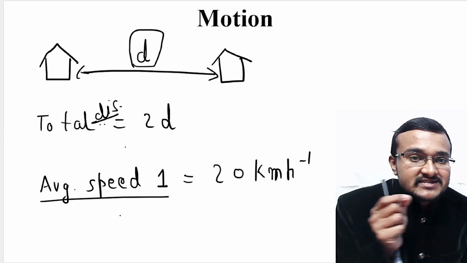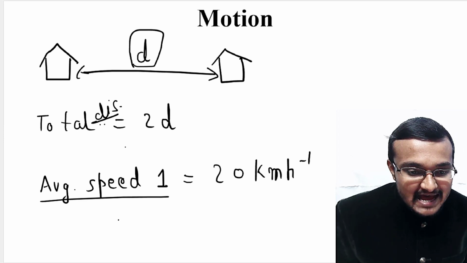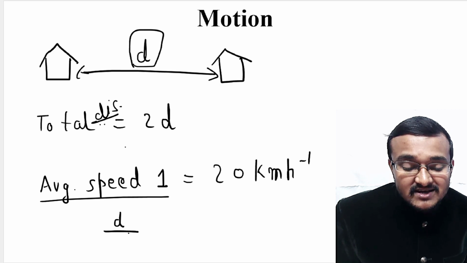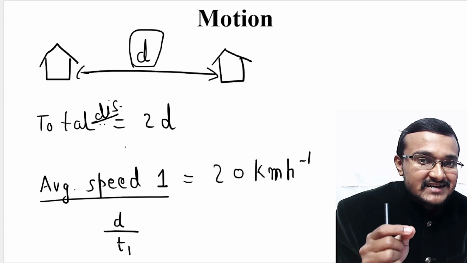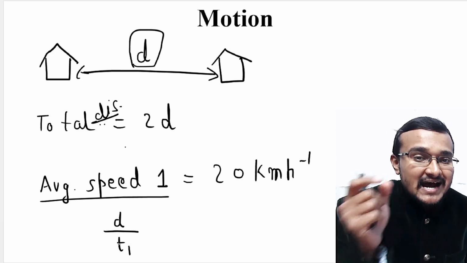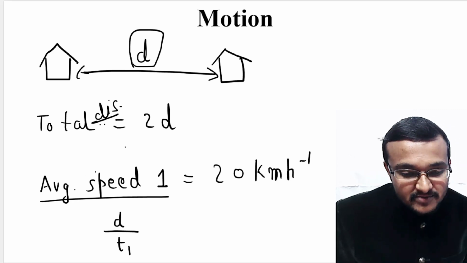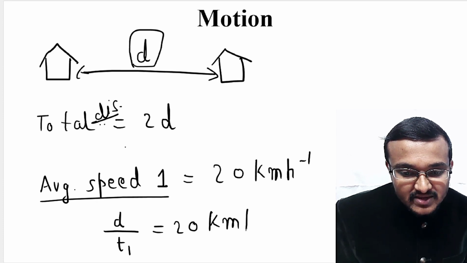The distance between his house and school is d, so average speed 1 can be written as d by t1, where t1 is the time taken for Abdul to reach from his house to school at an average speed of 20 km per hour. So that is equal to 20 km per hour.